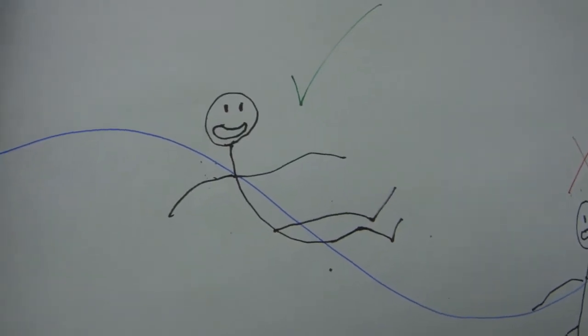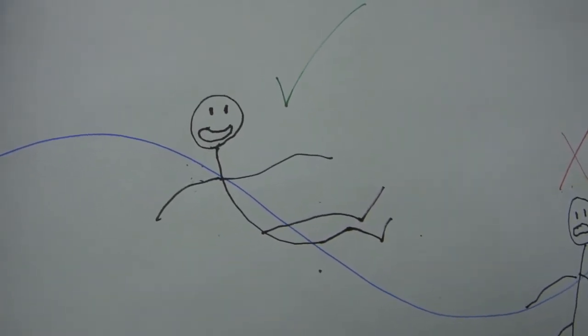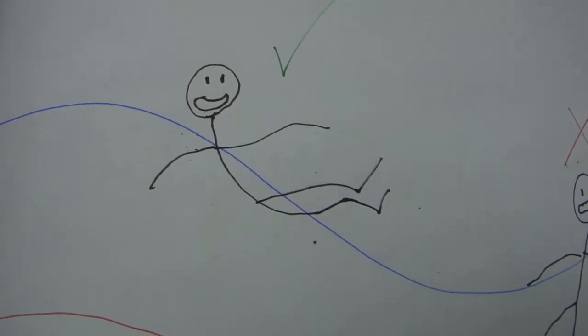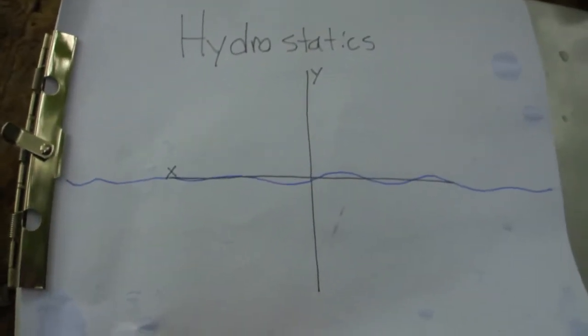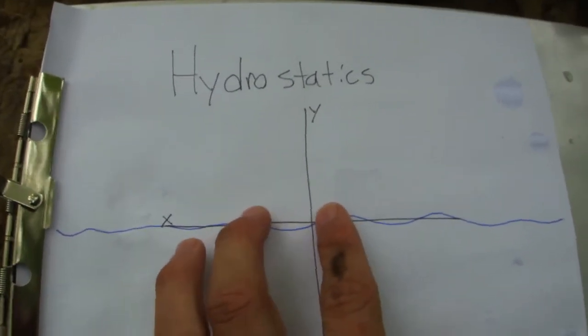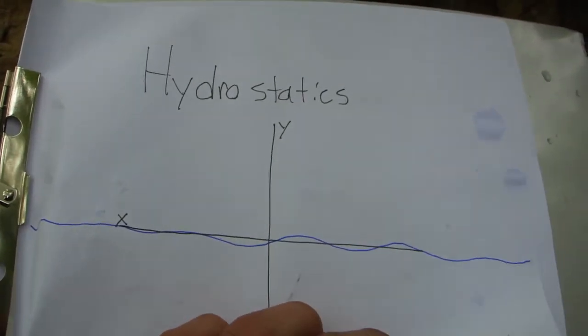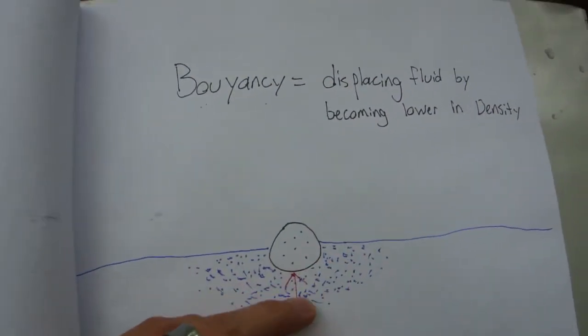That means spreading as much of our body across the surface of the water as possible, creating an even weight distribution and staying in the safer part of the rapid. Weight distribution is also very important whenever we create buoyancy for hydrostatics too, because the more weight that you distribute across the top plane of the water, the more volume you're going to displace from that fluid, and the better you're going to float.